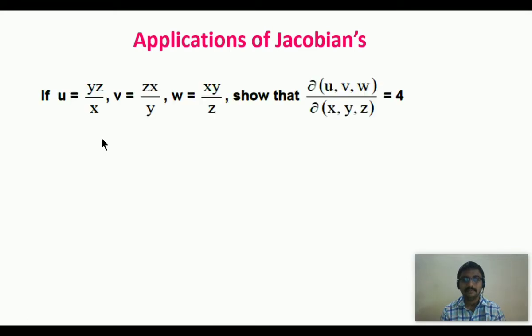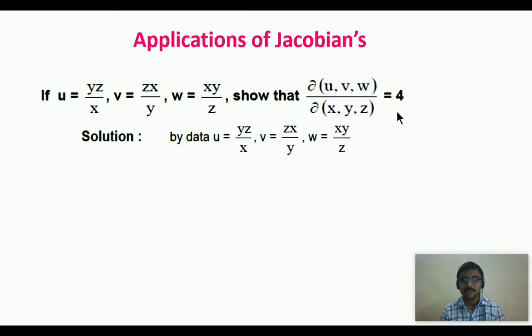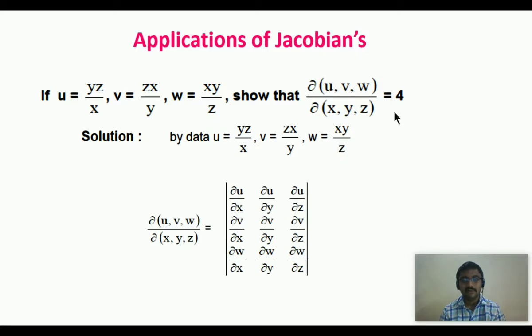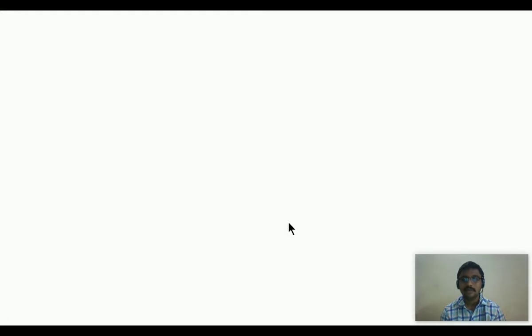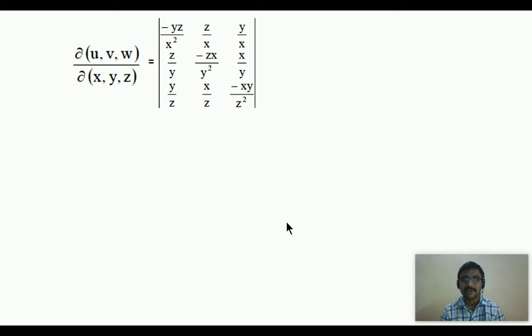Application: if u is yz/x, v is zx/y, w is xy/z, then show that ∂(u,v,w)/∂(x,y,z) is 4. By the ∂(u,v,w)/∂(x,y,z) determinant formula, now we have to substitute all the partial derivatives of u, v, w with respect to x, y, z.